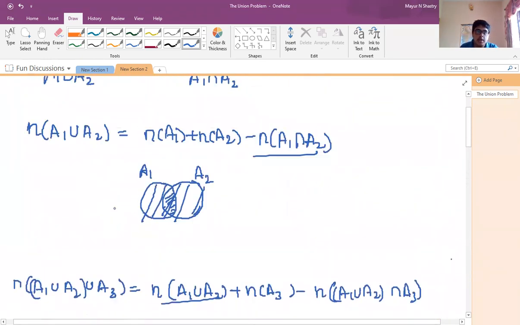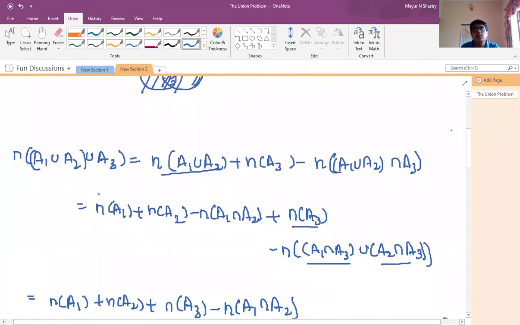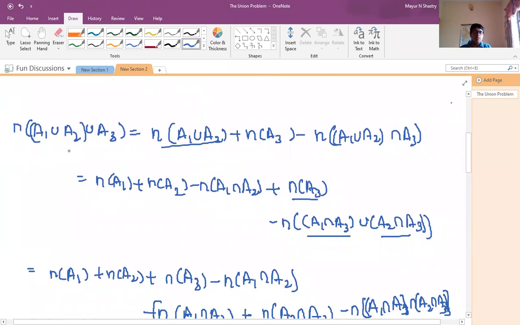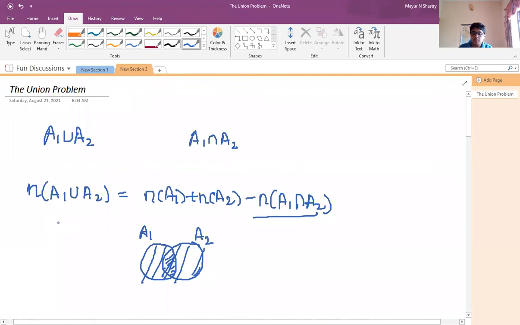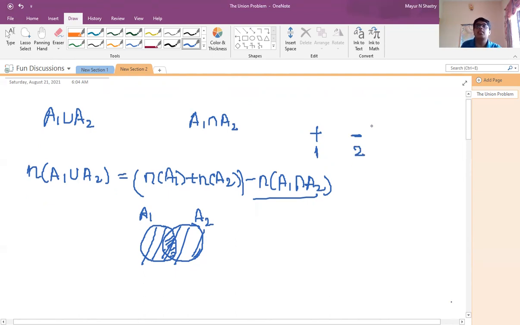So let us try to find out a certain pattern. In the first formula, we observe that there is a plus term and a minus term. And of course, we take one set at a time, and then here we take two sets at a time.